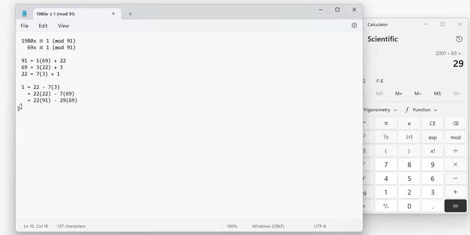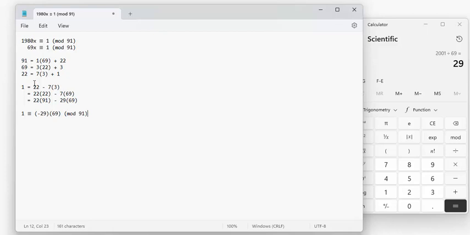So we get this equation in terms of the earlier equation. Then we go back and apply mod 91 to the original simplified congruence. We get 1 congruent to 22 multiplied by 91, which becomes 0, then we get negative 29 multiplied by 69 mod 91.